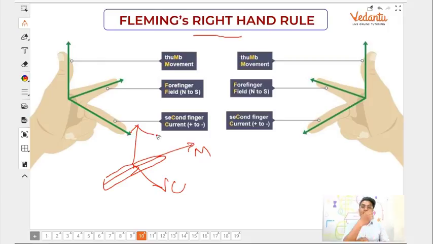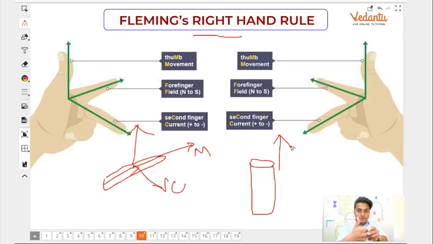So now I have taken the right hand. Same stuff, just that the current thing we need to say at the last. If I have a conductor placed in a magnetic field, imagine the conductor is moving in the direction of the thumb. If I have a coil or a magnet here and the object is moving upward, that is the thumb.